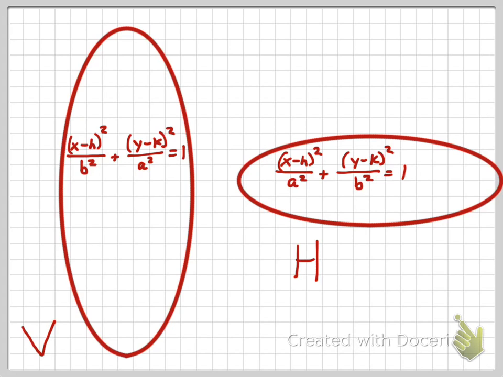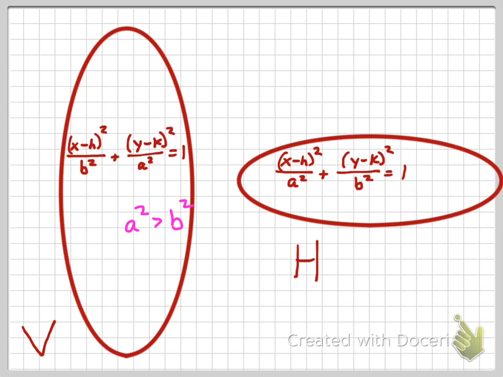Well, in an actual problem, those two denominators are numbers. So then the question becomes, how do you know which one is a squared and which one is b squared? In an ellipse, the a squared is always the larger denominator, and that's not on your formula sheet.